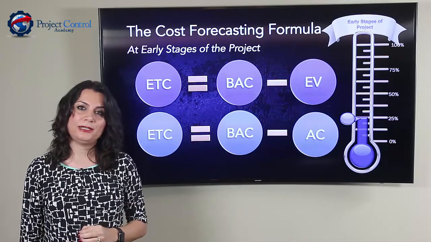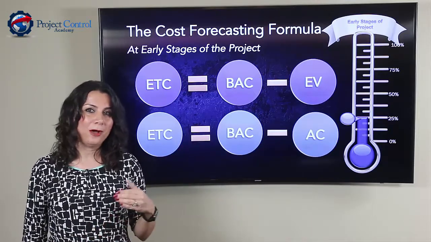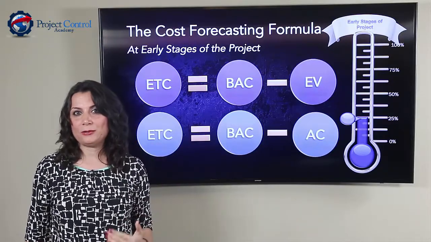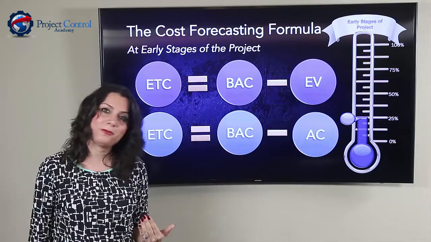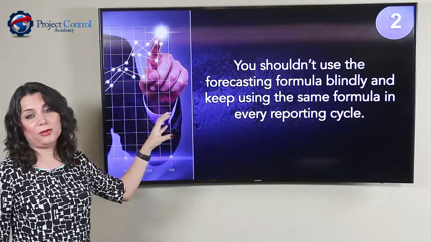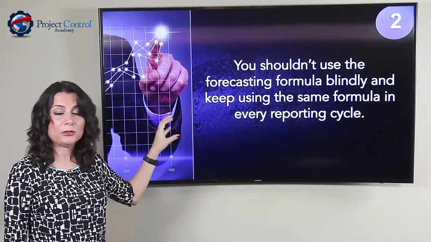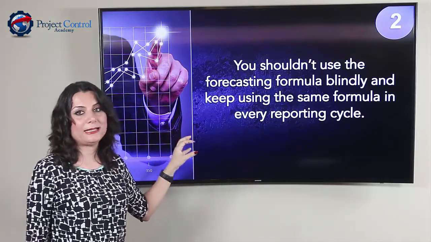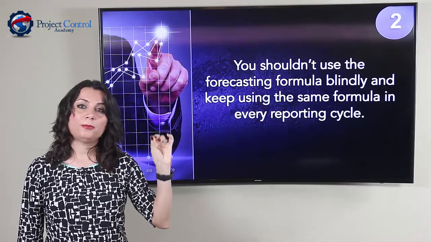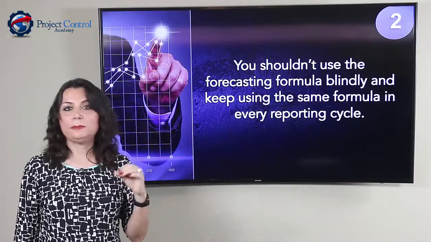Now, the question is, okay, how about after this point? What would be my projected performance factor after that? I need to consider my performance, right? And that's right. So another point I would like you to consider here, based on that example, is you shouldn't use your EAC formula really blindly.